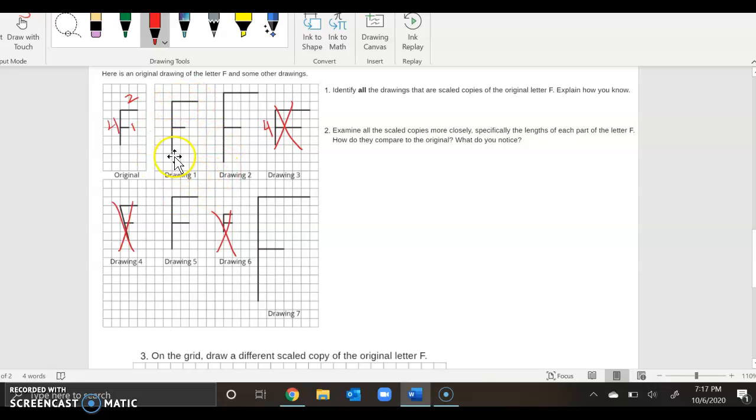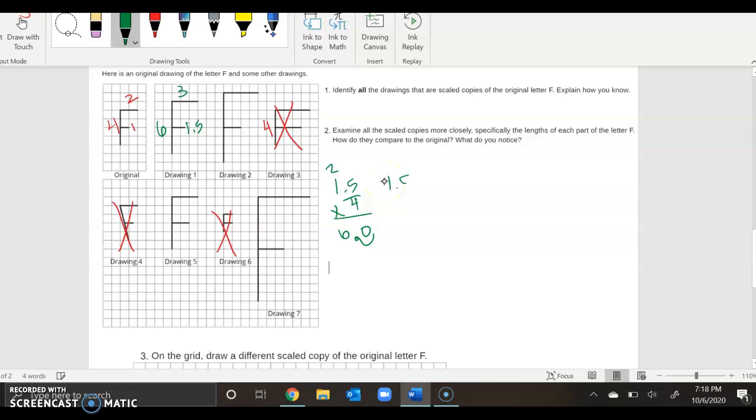Okay, this letter F is 6 units tall, 3 units at the top, and 1.5 units in the middle. A lot of students think that this one is not a scaled copy, but if we multiply 1.5 times 4, that's going to give us 6.